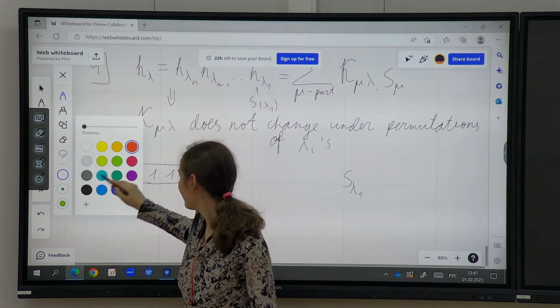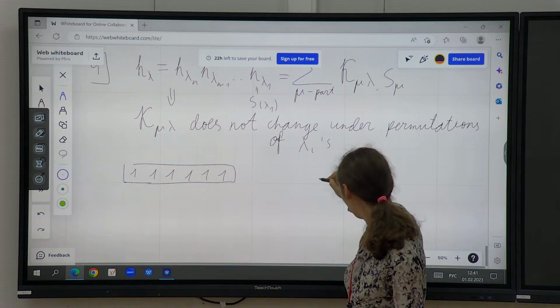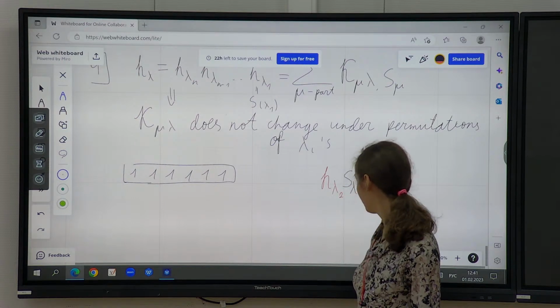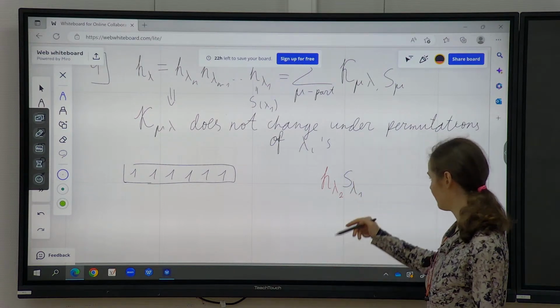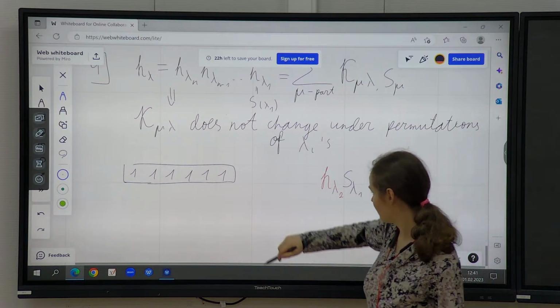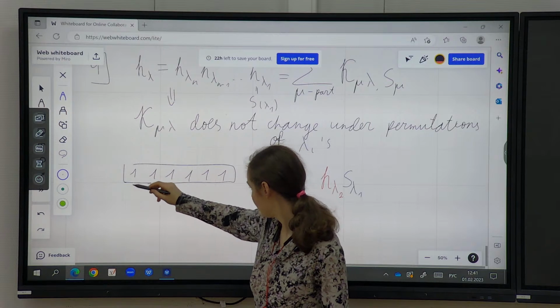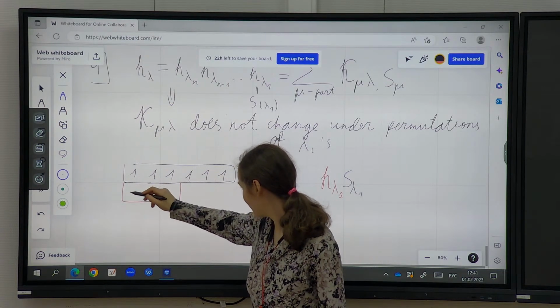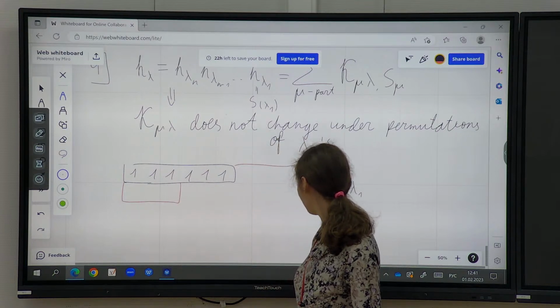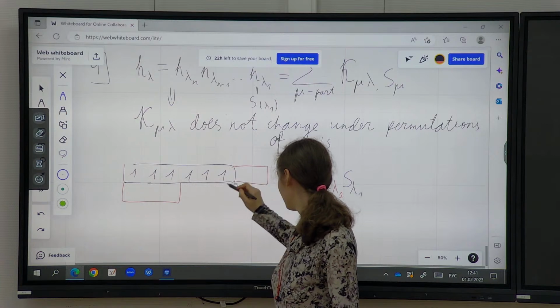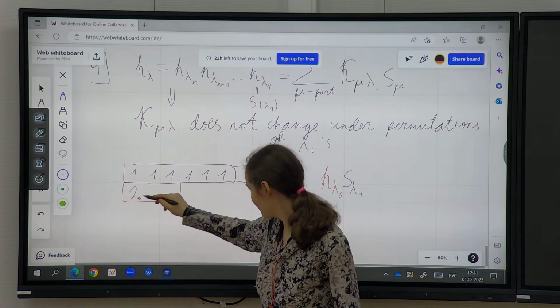Okay. Then we multiply this guy by h lambda 2. To do this, we must add lambda 2 boxes to different columns. So I add some boxes here and some here. Let me write 2.